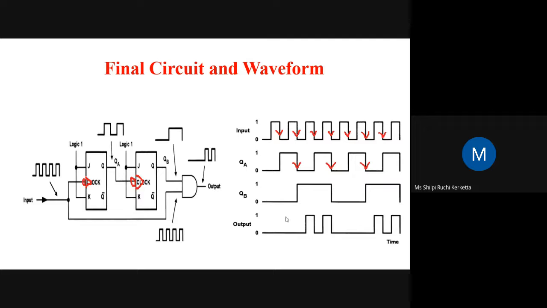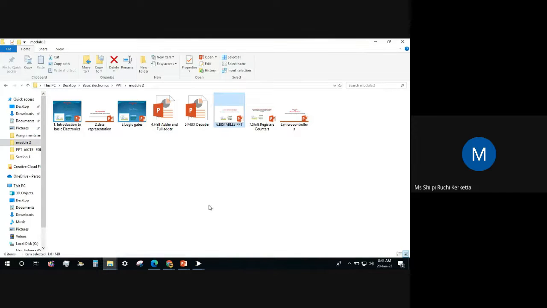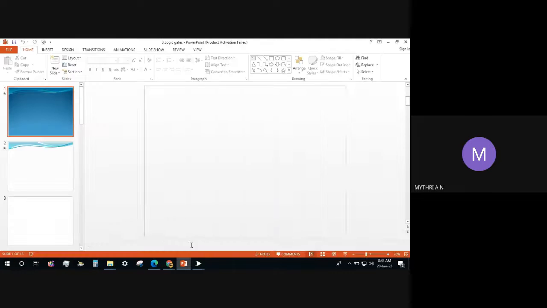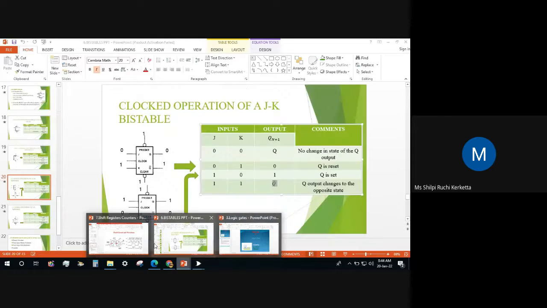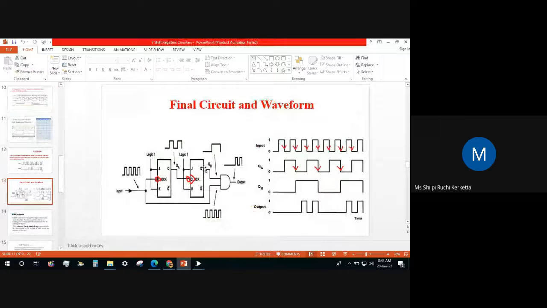So what is the truth table for the NAND gate? It is the opposite of the AND gate truth table. Sorry, this is the AND gate. So what is the truth table for the AND gate?